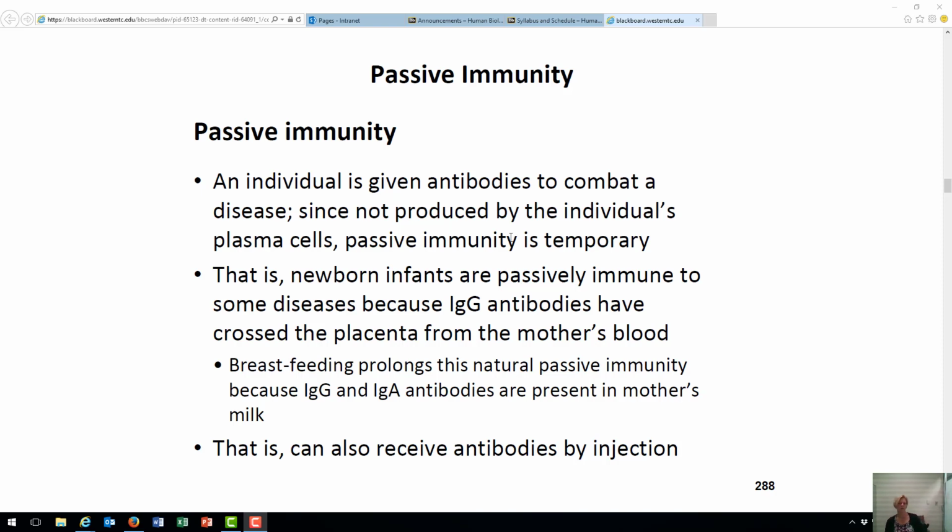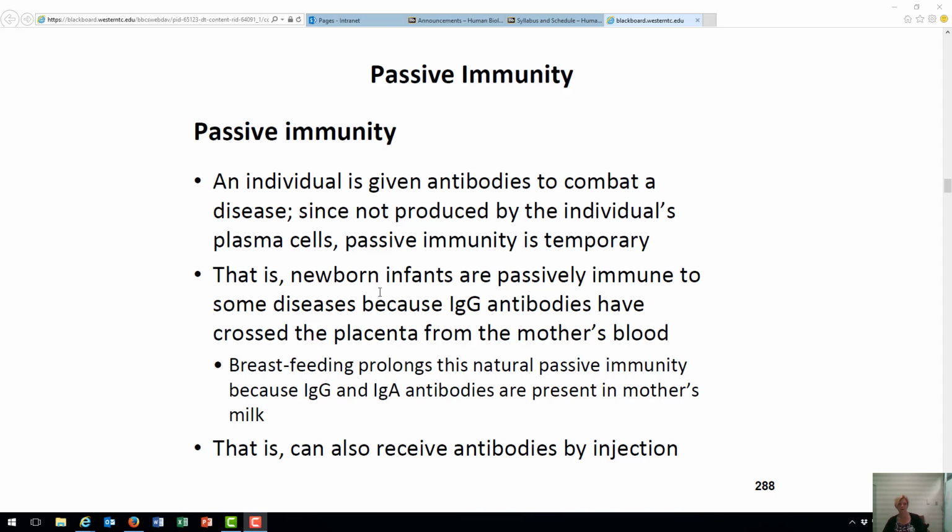Also, when the Ebola virus came to the United States, we were able to save some people from death due to Ebola because we gave them active antibodies via an injection to the Ebola virus. We didn't wait for the patient to make antibodies, again, because they would die in the process, because Ebola is a very serious illness. We would deliver antibodies directly made from somebody else directly to that patient by injection.